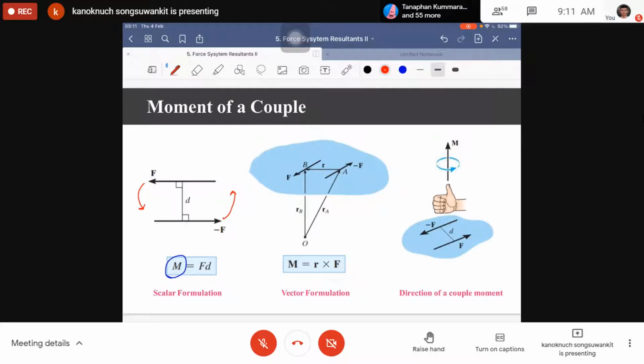So for this system, the moment will rotate counterclockwise, which means positive. Okay, the point is that the distance d must be directed from one force to another force and also perpendicular to both forces.